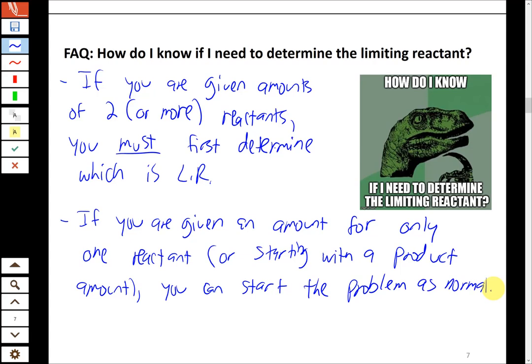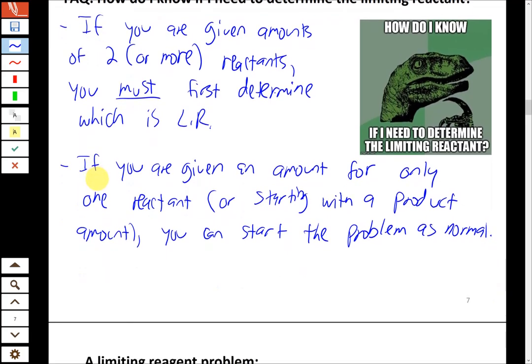Or again, if the problem is starting with how much product is forming, if we say how much water is required to form this much of the iron oxide, like in the previous problem, you're starting with a product, then you don't have to worry about which reactant is limiting. So you have to get familiar with that, but usually it's pretty clear from the way the problem is set up. There shouldn't be any confusion. You just have to remember to keep that in mind.